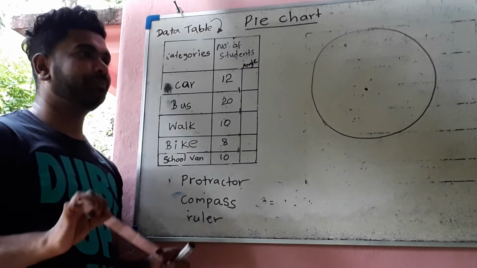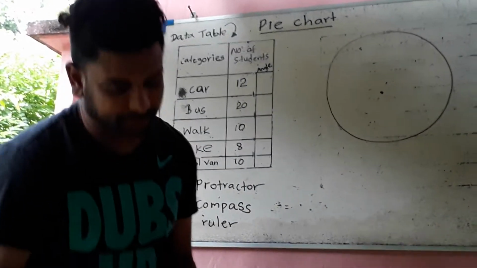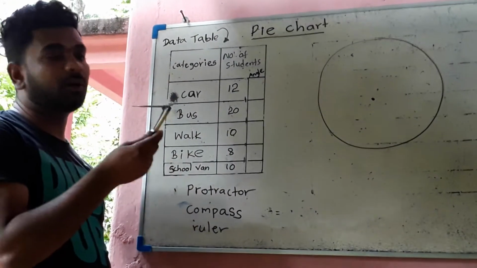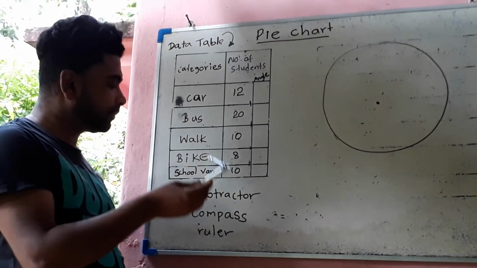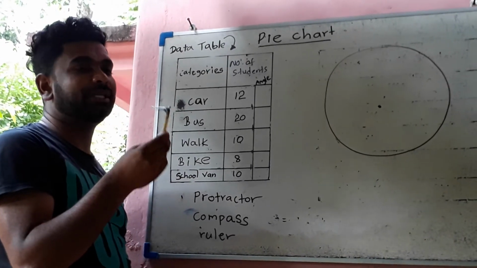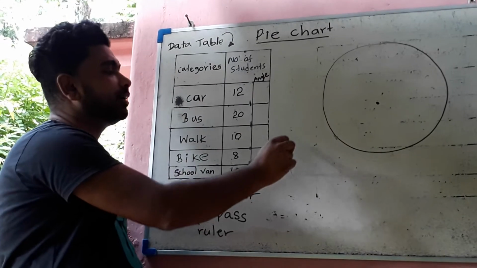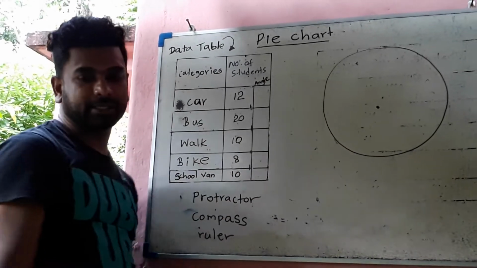When we draw a pie chart, you need this. This is called a compass. You need a compass to draw a circle.